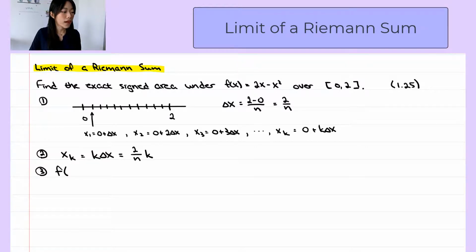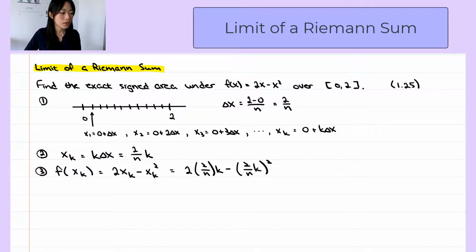So we're going to find the y value at xk, which equals 2 times xk minus xk squared, and xk is 2 over n times k. So f of xk is 2 times 2 over n times k minus 2 over n times k, squared, which equals 4 over n times k minus 4 over n squared times k squared.